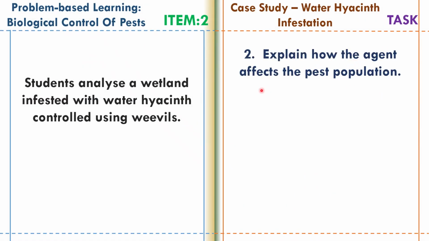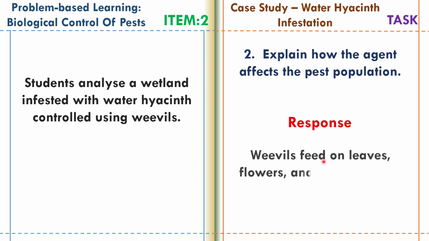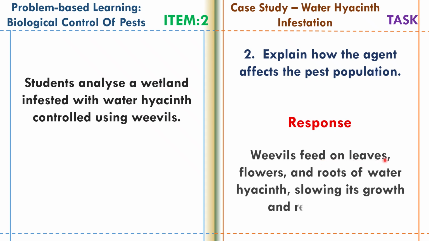Explain how the agent affects the pest population. Weevils feed on leaves, flowers, and roots of water hyacinth, slowing its growth and reproduction.